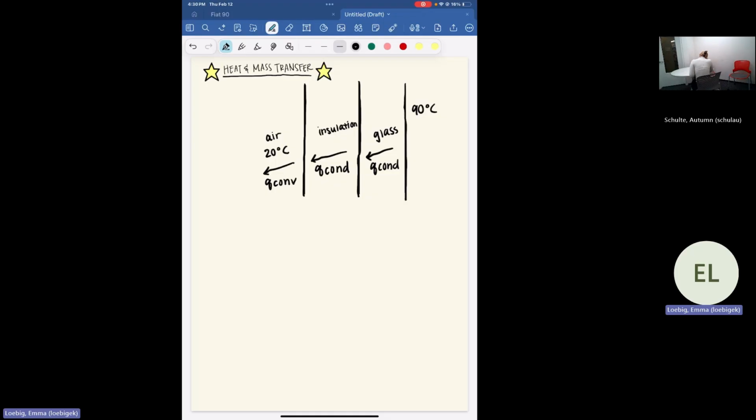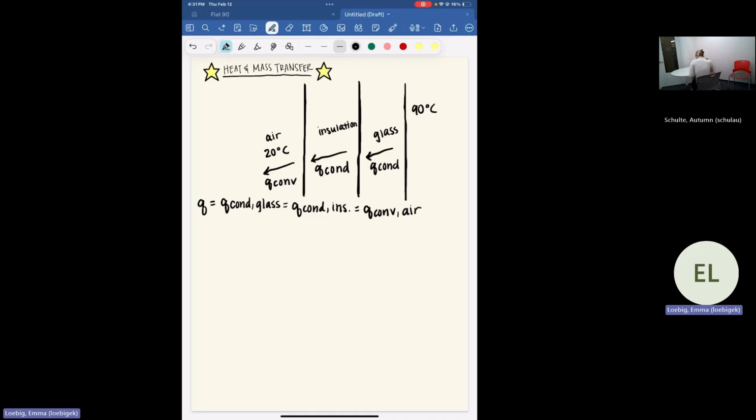Now, writing this equation out using a general Q term, we're going to have Q is equal to the heat leaving via conduction through the glass, which is equal to the heat leaving via conduction through the insulation, which is equal to heat leaving via convection to the air.